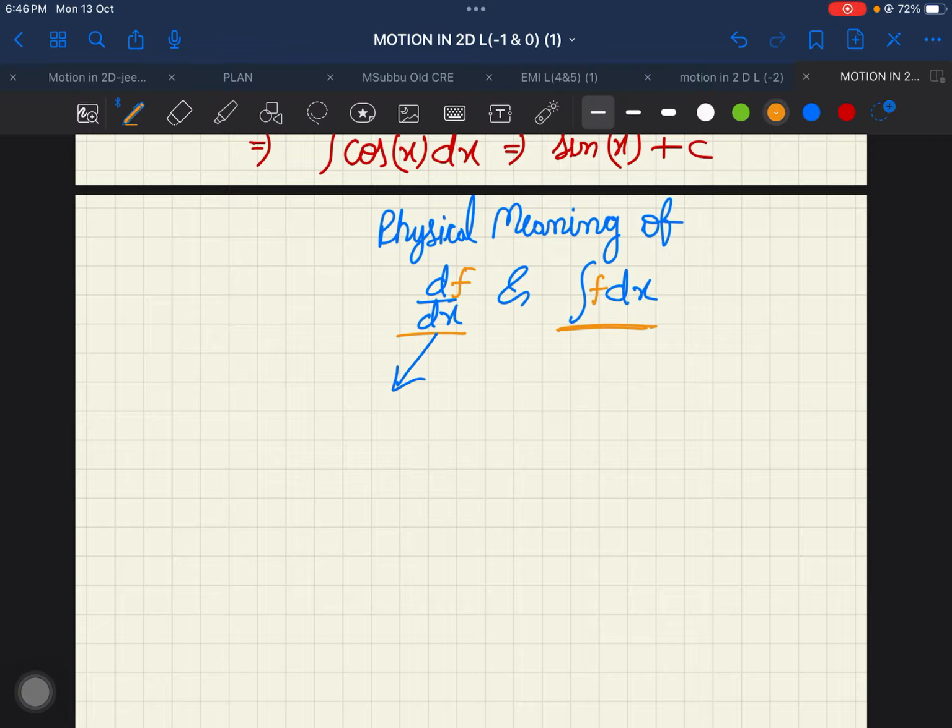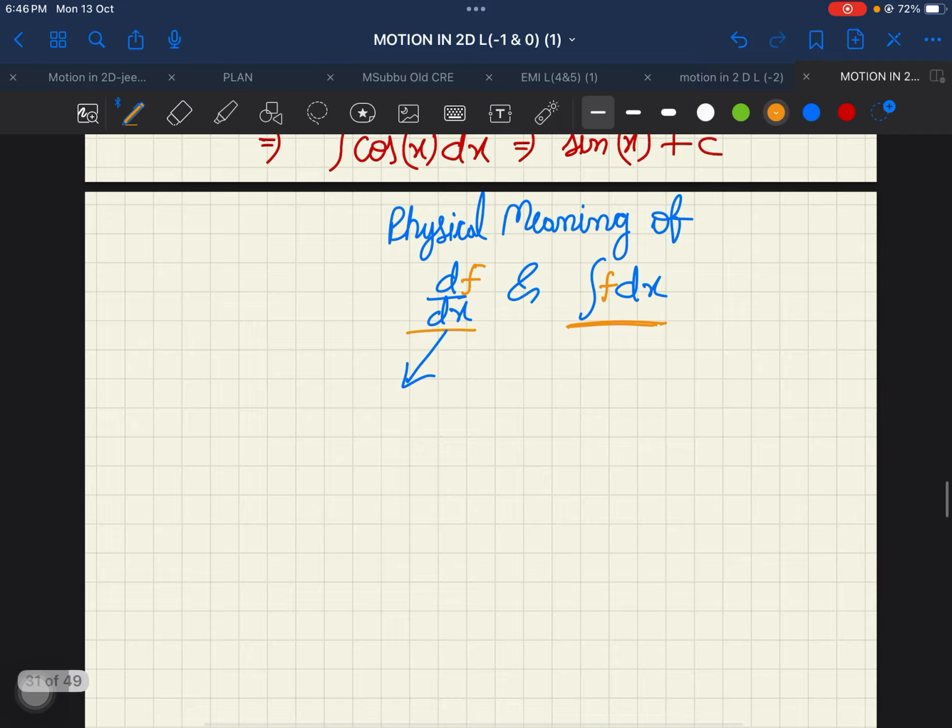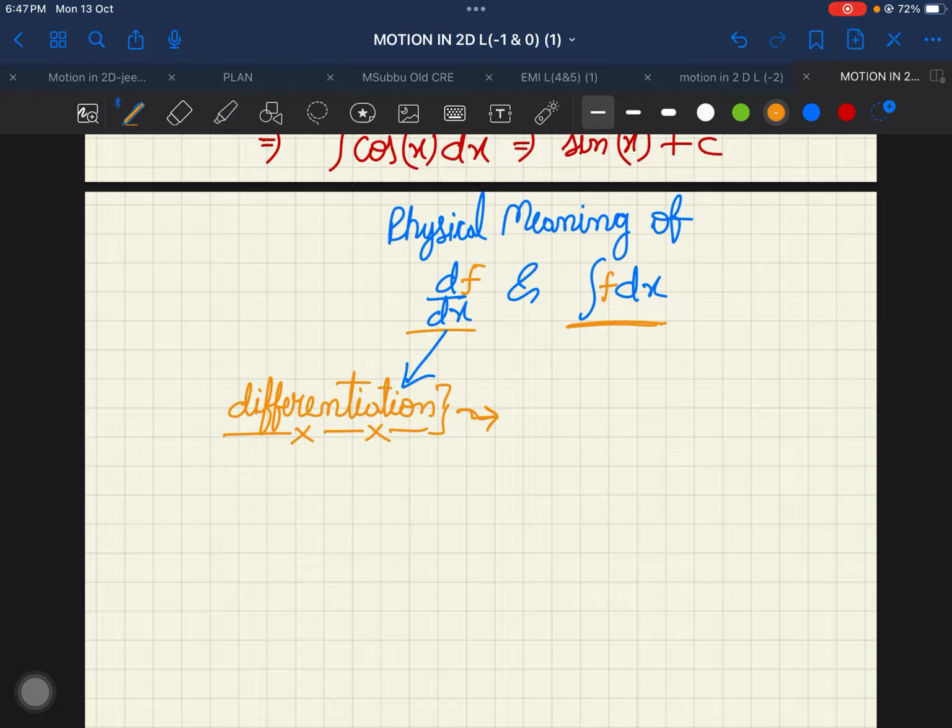It is very simple, students. You just have to focus here and you will get to know everything. So the physical meaning of differentiation is simply that it will tell you something about the tangent.